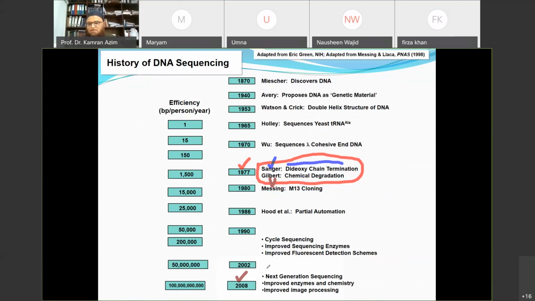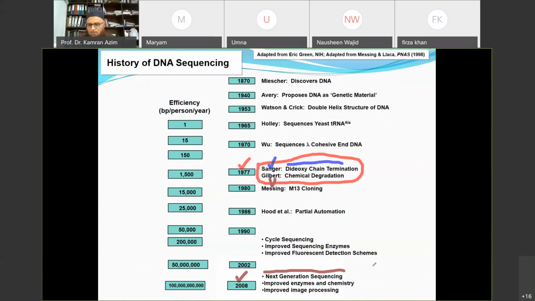Then in 2008, another type of sequencing method was introduced commercially in the market, and that method we call the next generation DNA sequencing method.